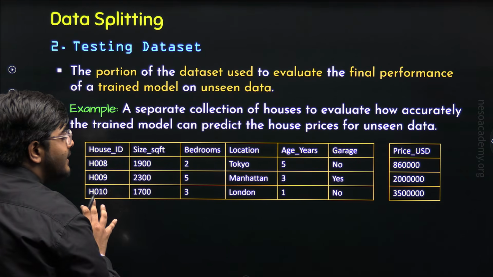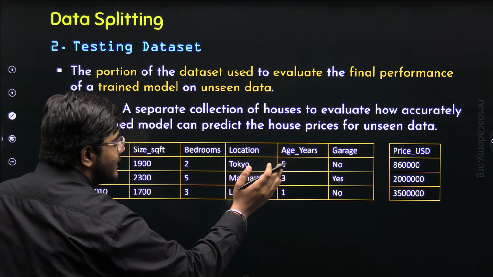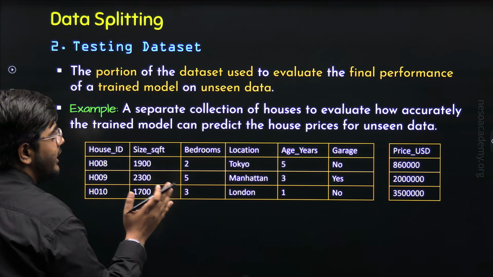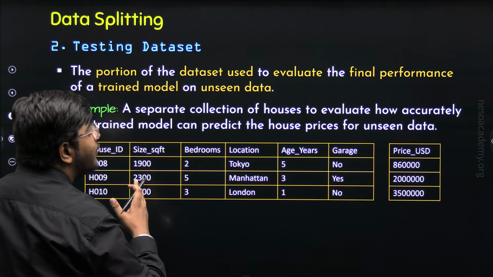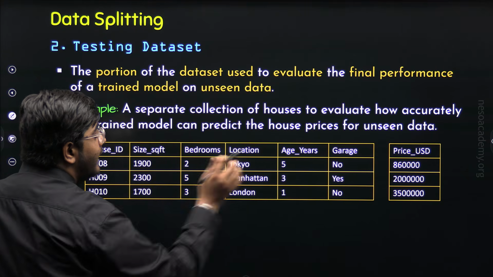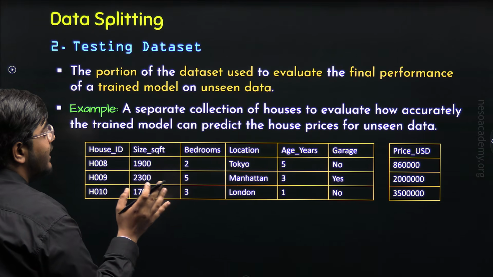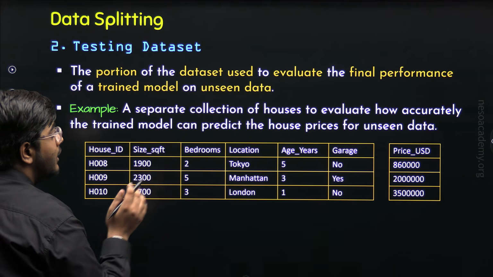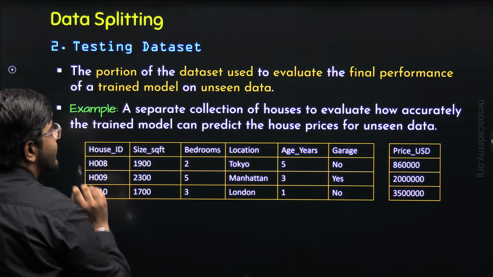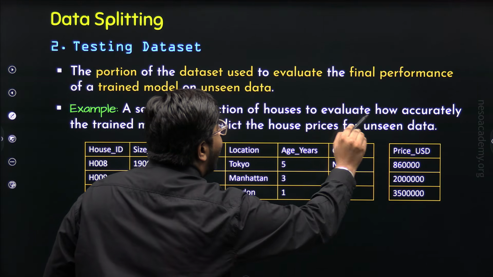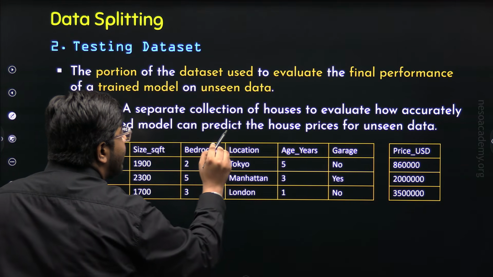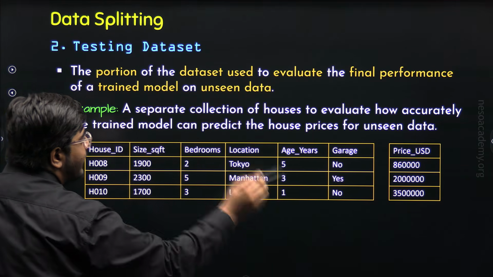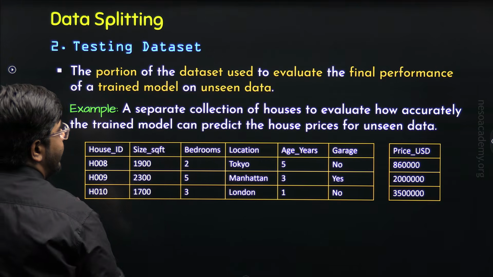If the predicted prices are close to the actual prices, that means the performance of the model is good. But if the predicted prices are far away from the actual prices, it means the performance of the model is bad. So, testing dataset is used to evaluate how accurately the trained model can predict the house prices for unseen data. This is the testing dataset.